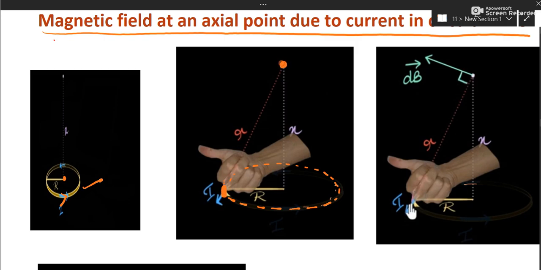You need to find out the magnetic field here. So how is the current? Current is like this. You keep your curls like this, and this is the direction of magnetic field. So due to this current element which is located here, magnetic field is like this. Memorize, understand. Due to the current element which is located here, magnetic field is this, dB.